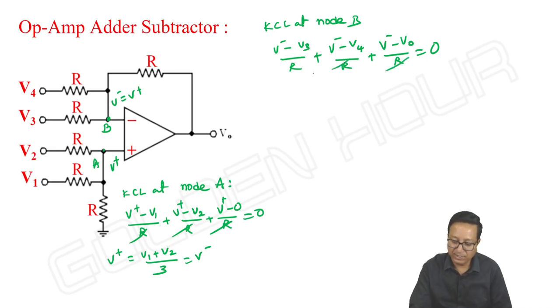Then anyway R we can eliminate. So 3V minus minus of V3 plus V4 is equal to V output.